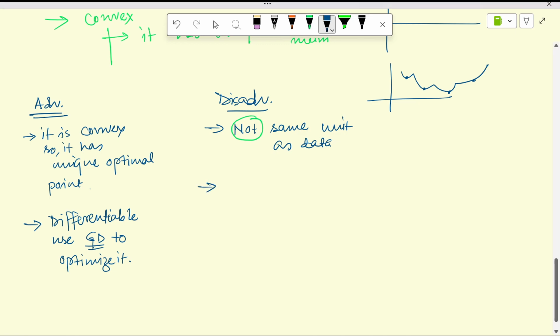Another disadvantage is that it's not robust to outliers.